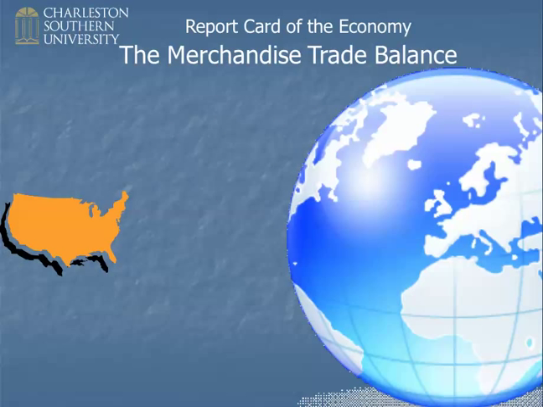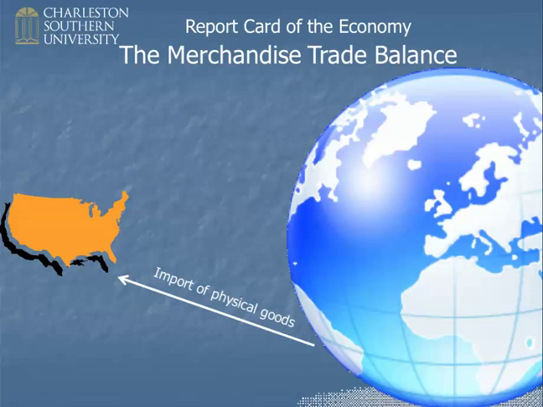So in the merchandise trade balance, which is the first formal account, we count the importation of physical goods, actual goods. So these would be things that come on boats, or maybe come on a plane from somewhere else, or maybe on a truck or a train across the border from Mexico or Canada.